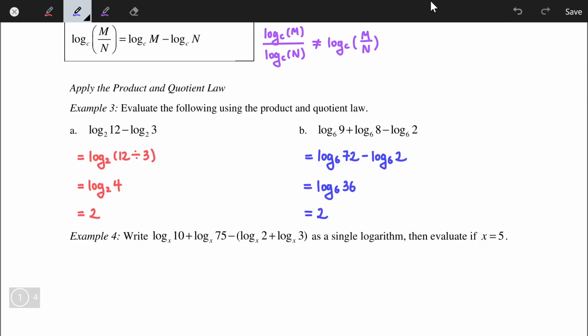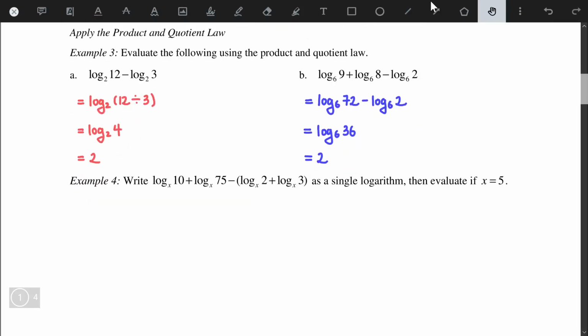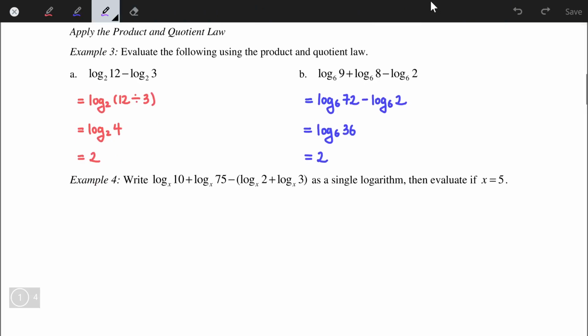Okay. Next up, again, similar idea. So we're going to rewrite the expression into a single logarithm first, and then we'll evaluate afterwards. So here we have log base x of 10 plus log base x of 75. So those will be multiplied together, the arguments. So we have log base x of 750 minus, and then in parentheses, those two arguments can also be multiplied together.